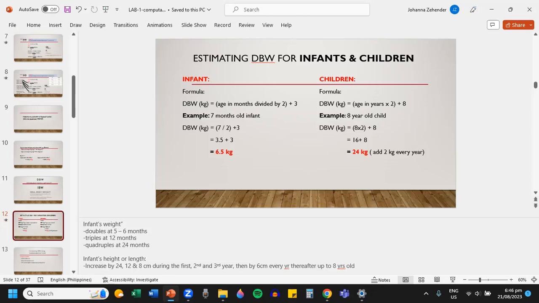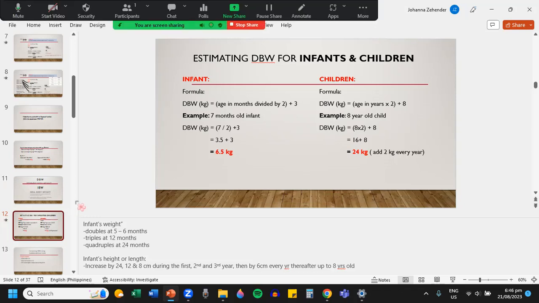So 8 times 2 is 16, and then we add 8, another constant. So the desirable body weight for an 8-year-old child is 24 kilograms. So that's basically how you do your DBW computation.